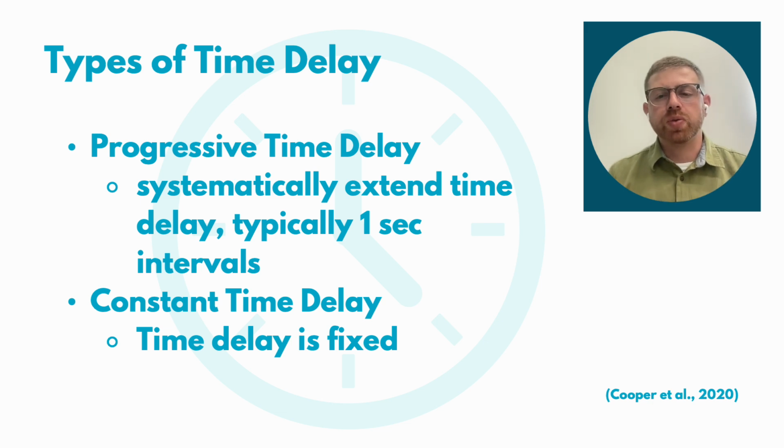Now we're moving to a time delay, to get some space in there for the individual to independently respond. With progressive, we're going to systematically extend that time delay. We're going to go from 0 to 1 to 2 to 3 to 4. With constant time delay, that time delay is fixed. We're going to select a number. So we have the 0 second, but now we're just going to start with 3, and we're going to hold it at 3. That will be the constant time delay procedure.